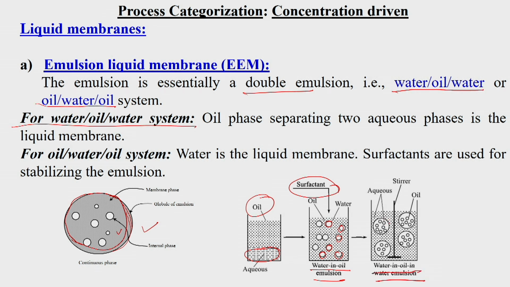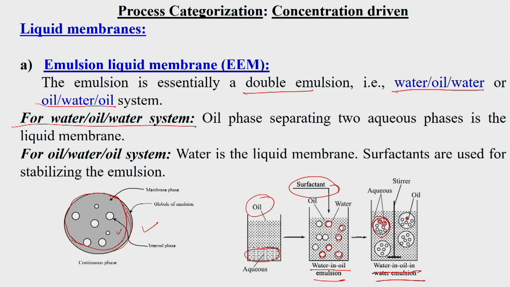Inside this aqueous phase, again a bubble will be formed, and then this aqueous layer will be formed, and oil will be there inside. So, we get a water in oil in water emulsion. We are making an emulsion using this surfactant in the presence of oil. Either this film of oil or the film of water will act as the liquid membrane.